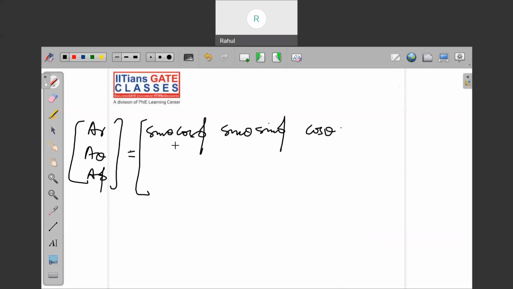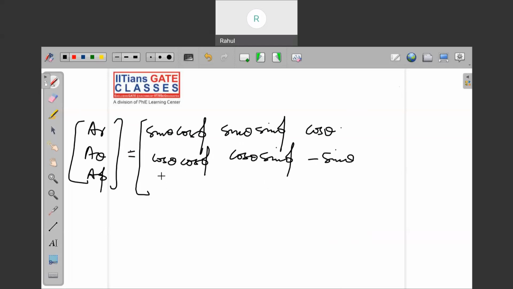Now you can differentiate the first one with respect to theta, so it will give you cos theta cos phi. Differentiate this as well, it will give you cos theta sine phi, and then minus sine theta.